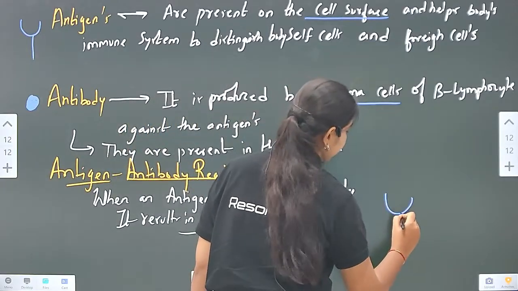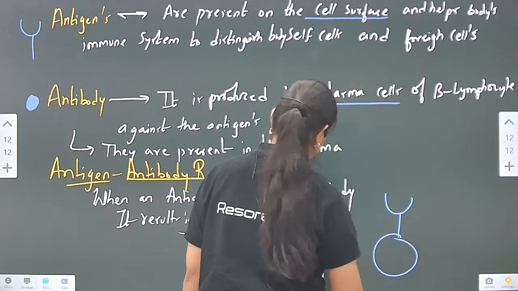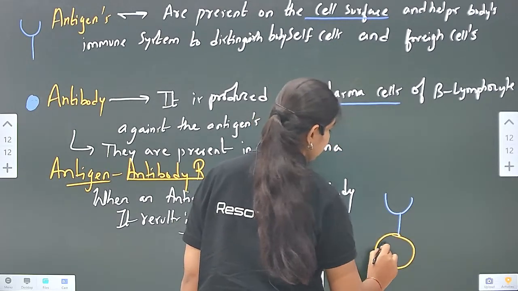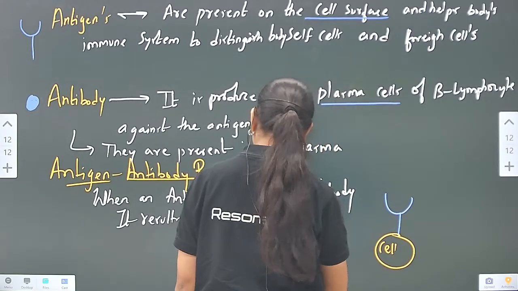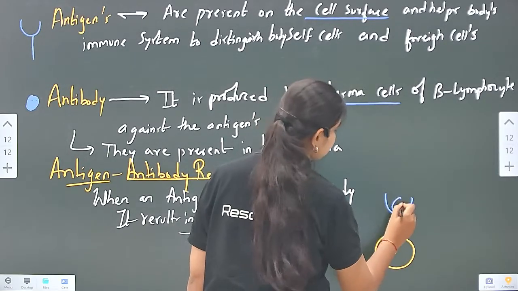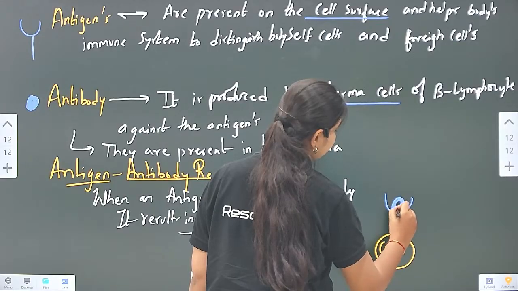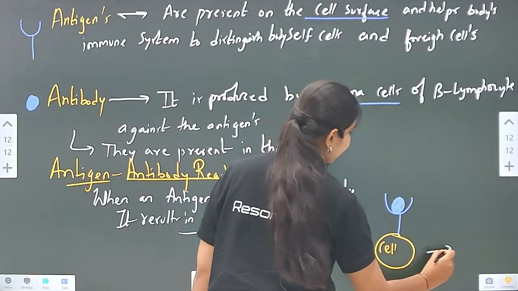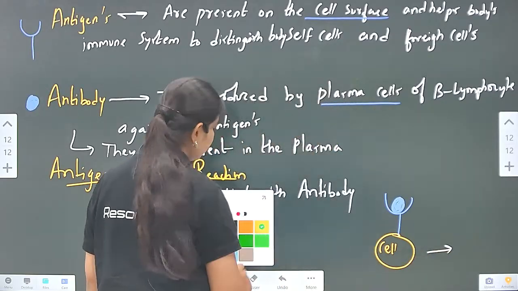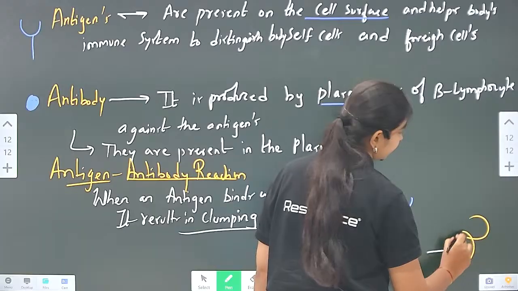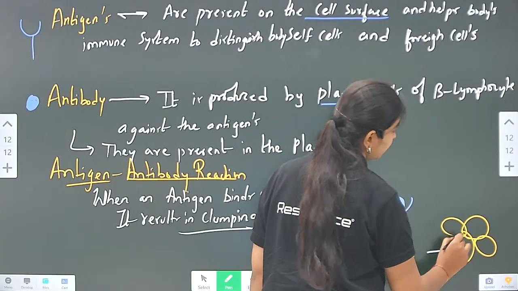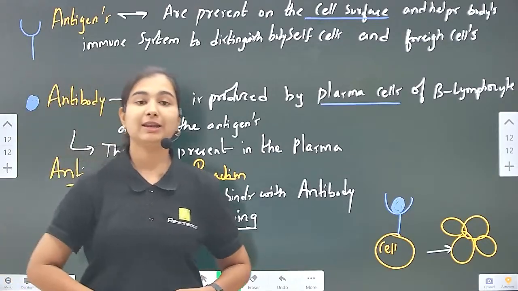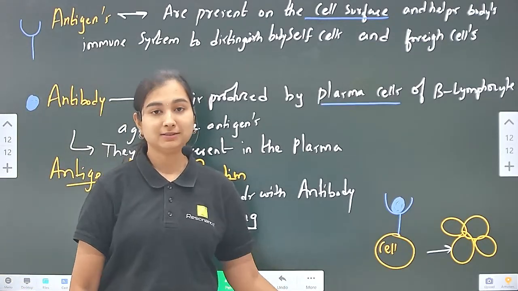For example, this is the antigen which is present on the cell. Now this is the antibody which is coming in contact. What will happen to this cell? The cells will undergo clumping, which is followed by the lysis. I hope this part is clear.